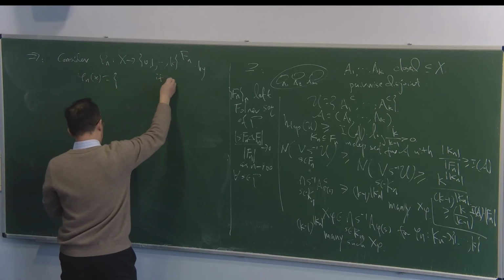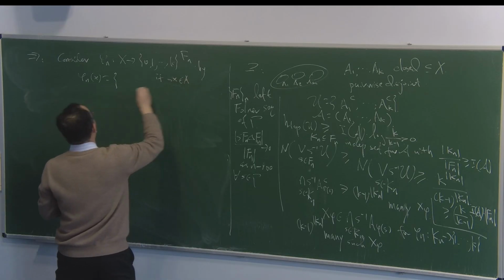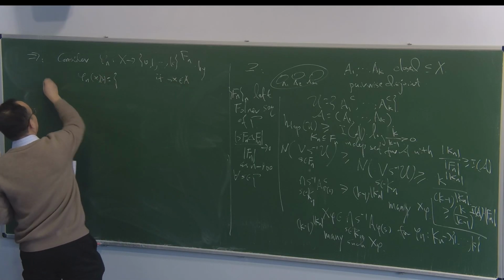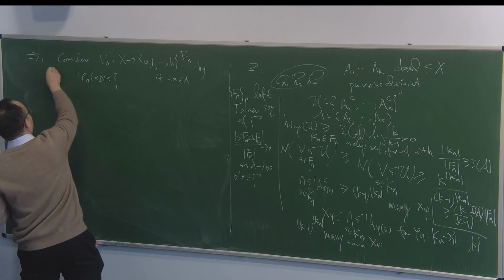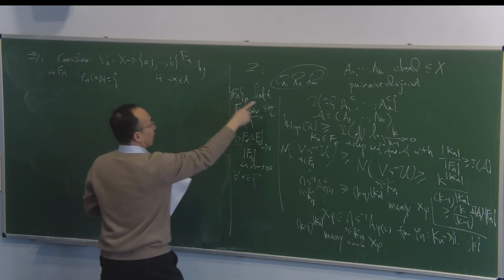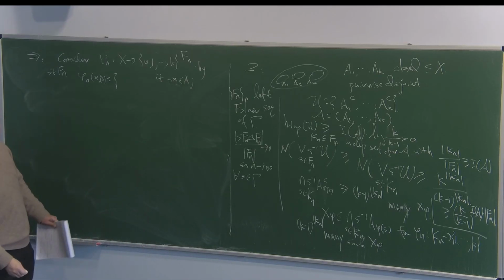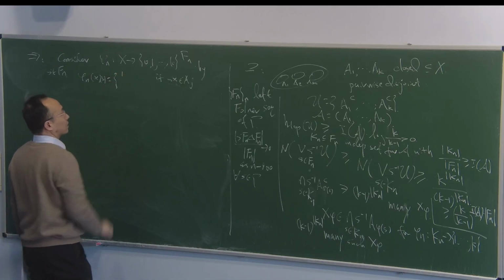So if Sx is inside of these guys, where S will be inside of Fn, then it's clear what we should do here. We just take the value j.